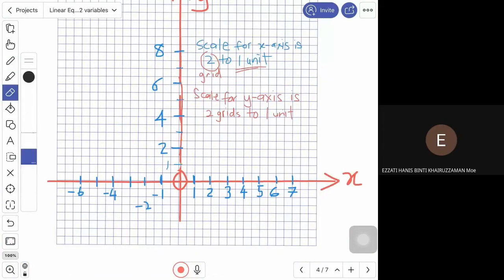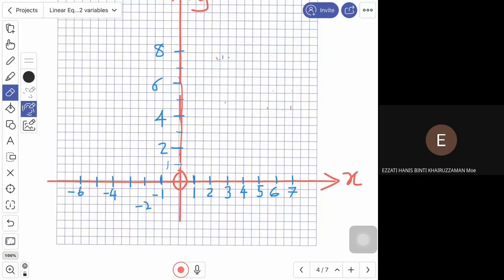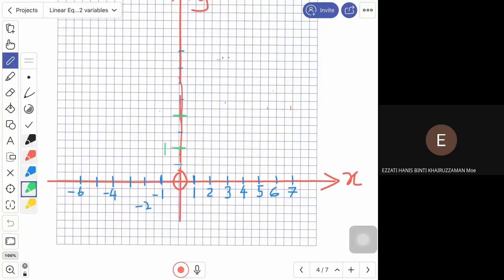We can have a different scale for the axis of X and for the axis of Y. For example, I want the axis of Y to have a different scale. 1, 2, 3, 4.